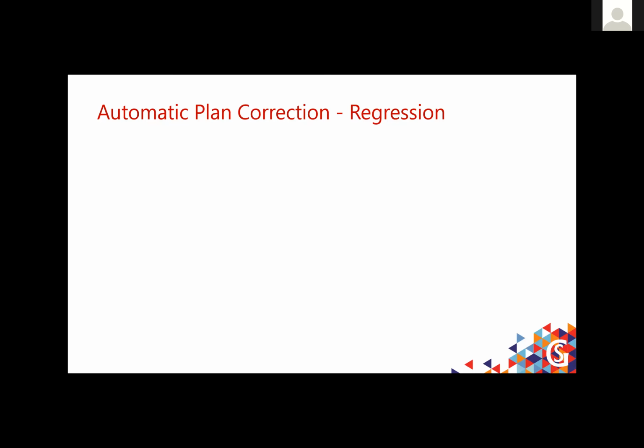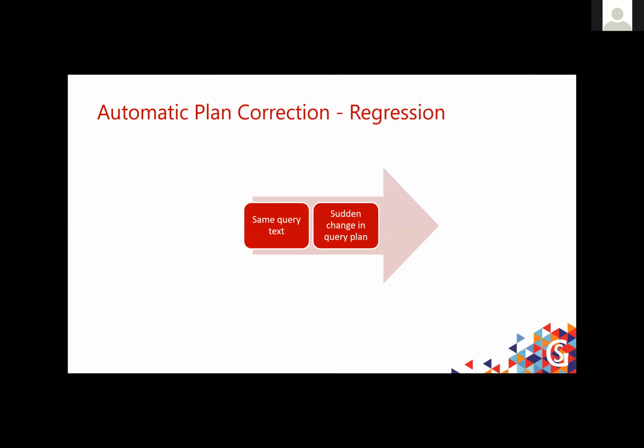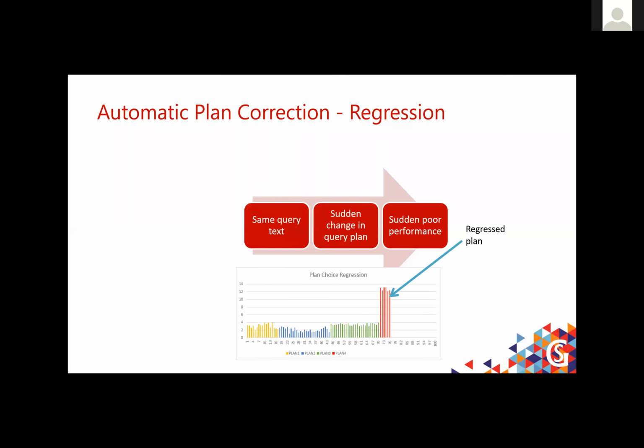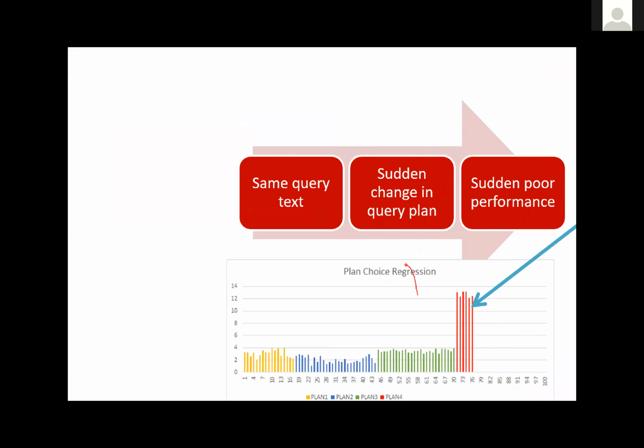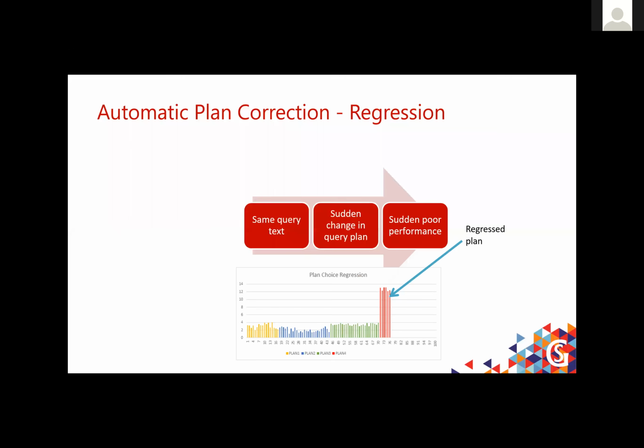What I typically mean by regression is that I have the same query text, and there is a sudden change in query plan that results in bad performance. For example, imagine this to be your query.